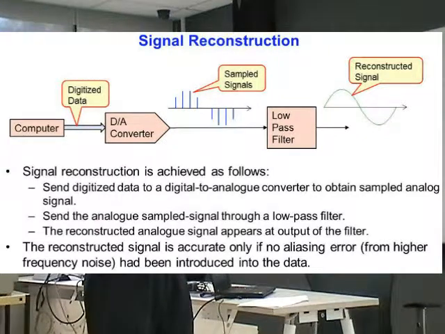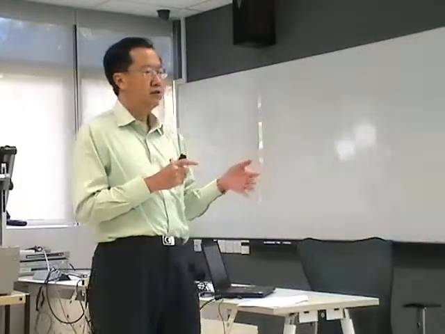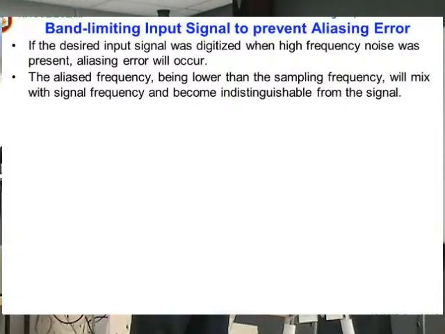To prevent aliasing error, one of the ways we can do this is to band limit the input signal. So if you have an input signal that's coming in, you want to band limit it so that only frequencies up to the maximum frequency component of the signal can go through.